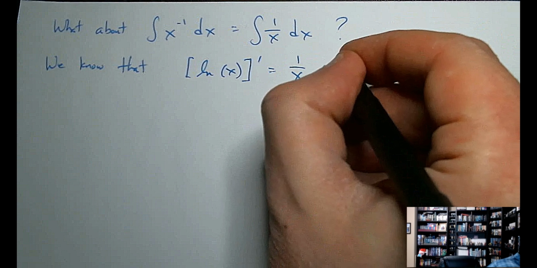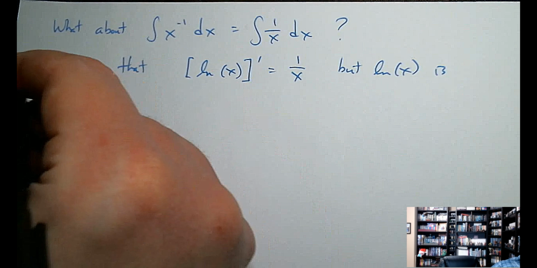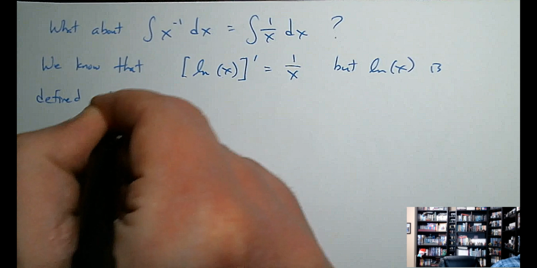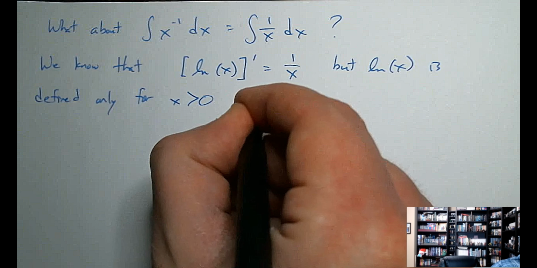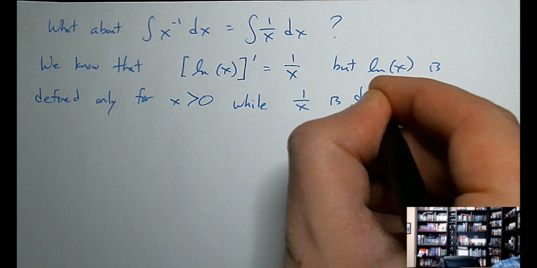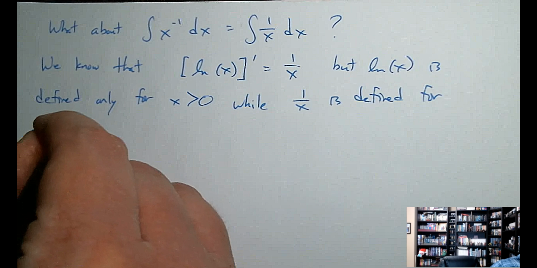So this is true: the natural log of x is defined only for x greater than 0, while 1 over x is defined for all x not equal to 0.